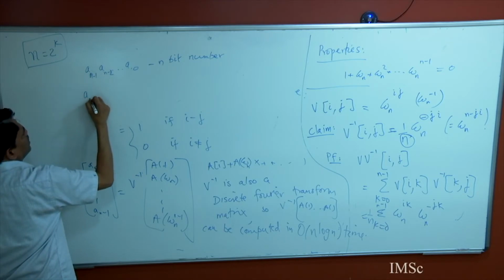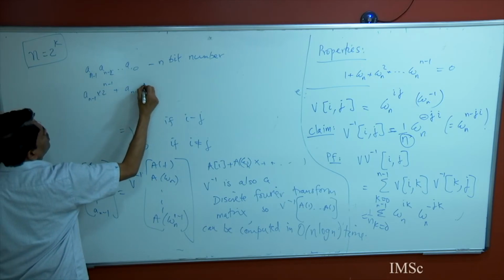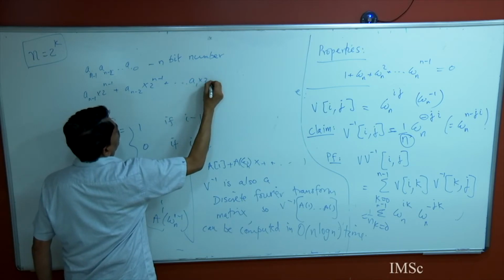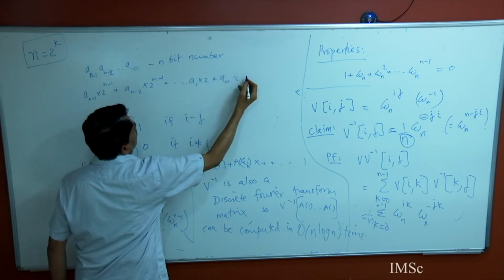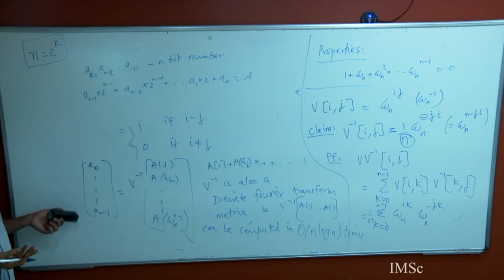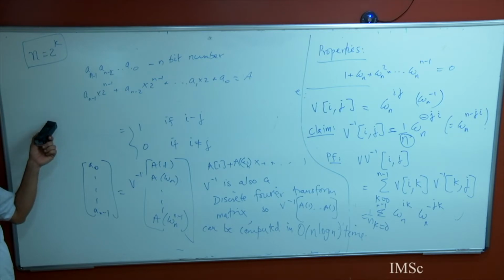Its value is an minus 1 into 2 power n minus 1, plus an minus 2 into 2 power n minus 2, plus and so on, plus a1 into 2, plus a0, right? And so if I have to multiply two n bit numbers, it's like multiplying two polynomials of degree n minus 1 and then evaluating them at this number 2, right?